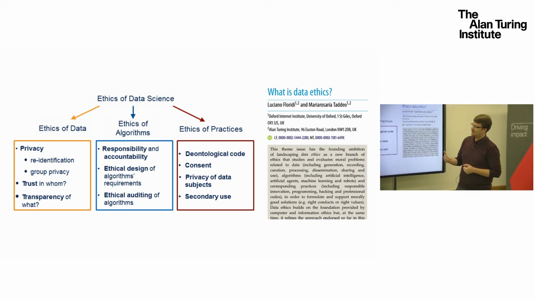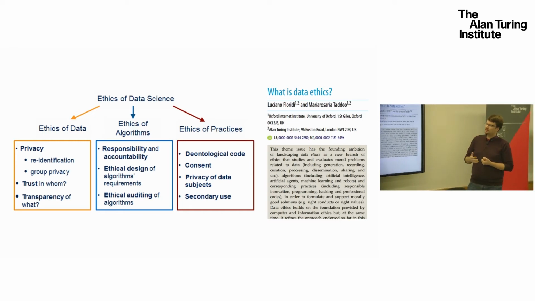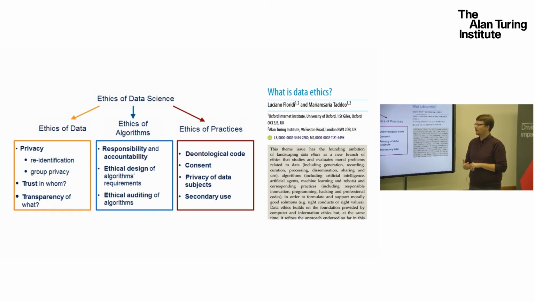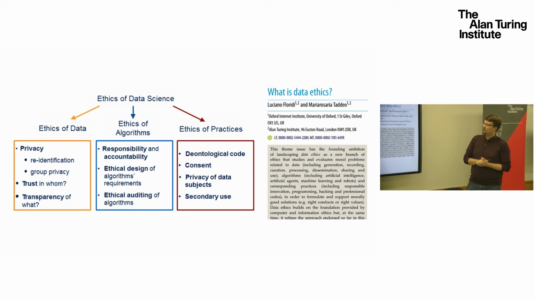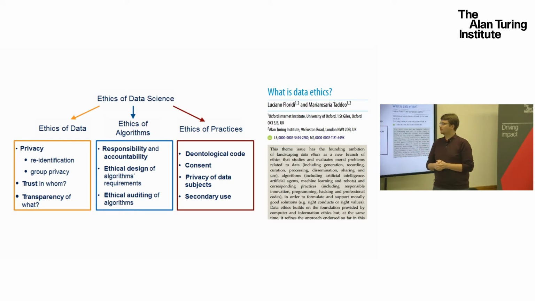On the data side, we're taking another look at traditional concepts like privacy, and how new potential for re-identification of individuals, and also the privacy of groups. And in the ethics of algorithms, which we'll cover in the most detail today, we're particularly interested in how you assign responsibility or accountability for the actions of algorithmic systems.